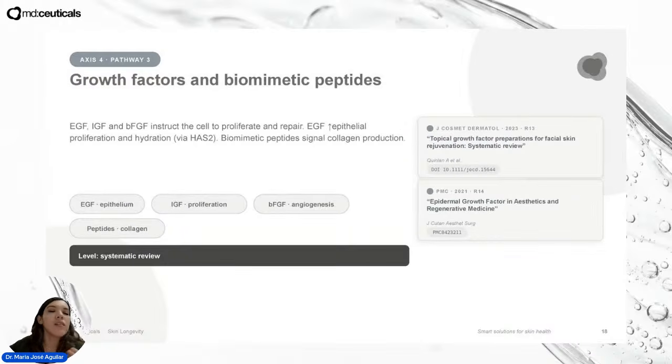And well, the other magnificent longevity results that we have are the growth factors and the biomimetic peptides. These are also ingredients that are going to have an effect on the activity of the vascular endothelial growth factor. Here we are going to increase the production of angiogenesis.